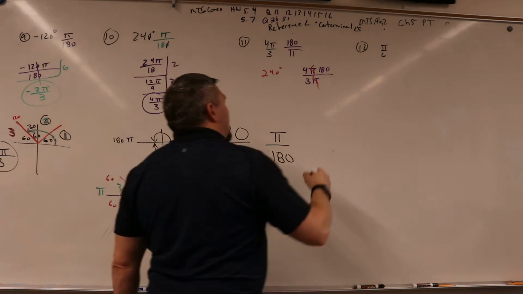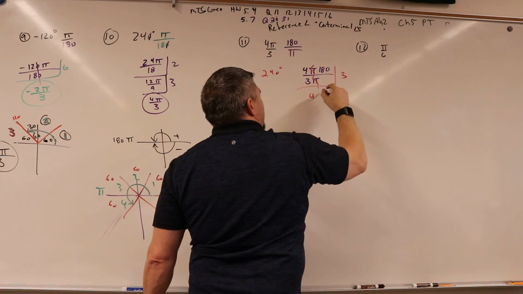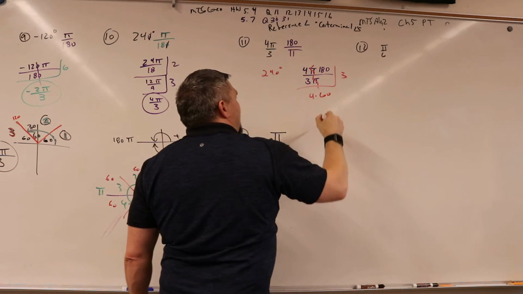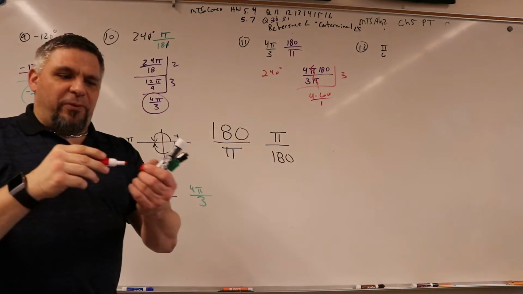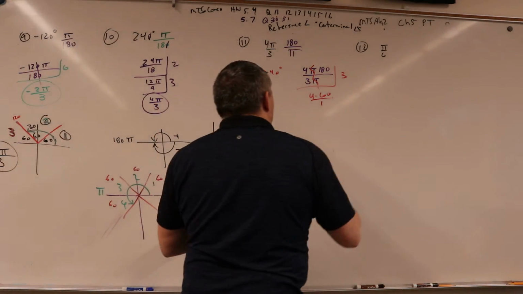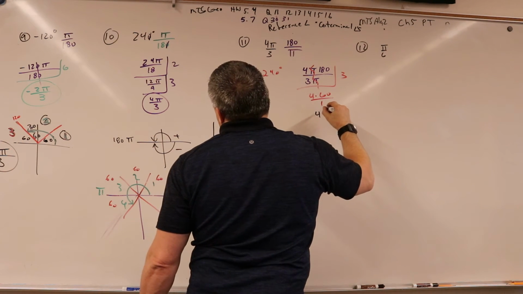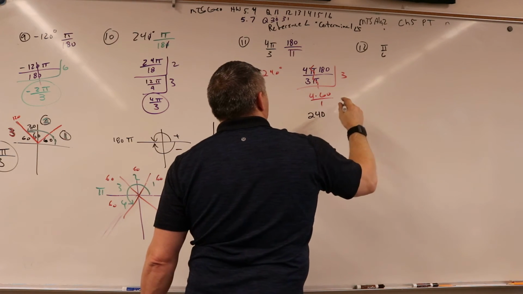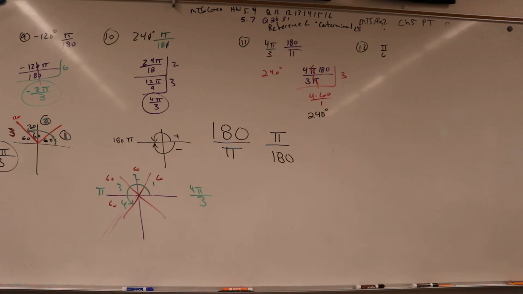How many times? 60. And how many times does 3 go into 3? Once. And what's 4 times 60? 240. That's what I said. And that's how you do it.